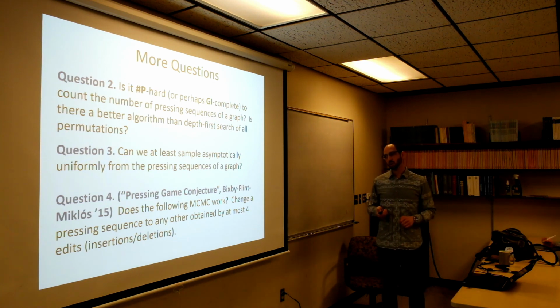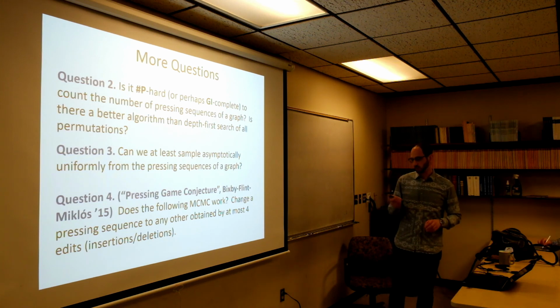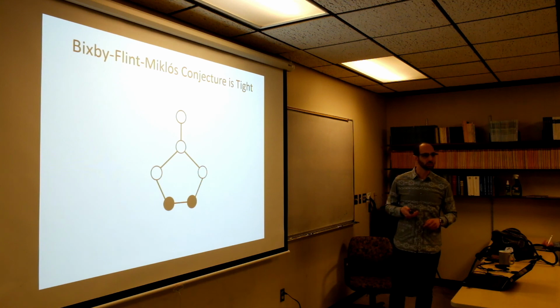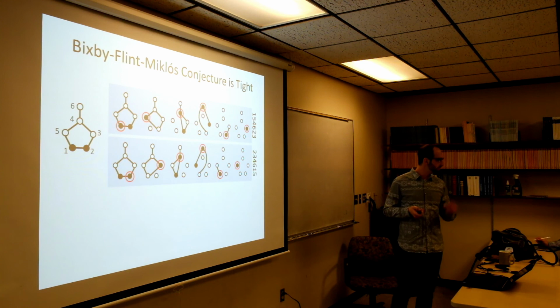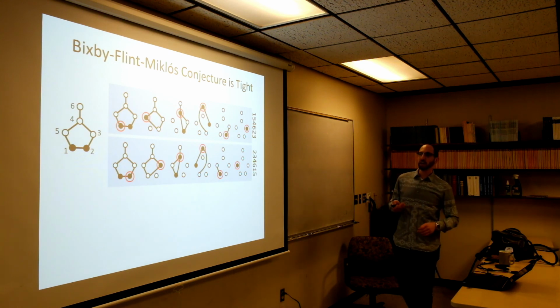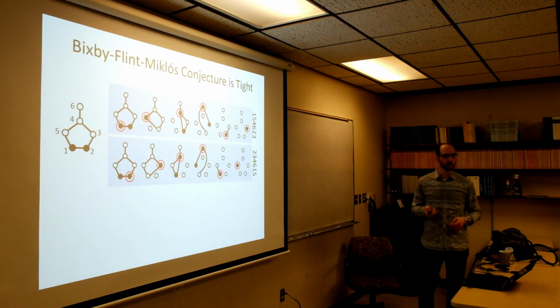But we're not there yet. That's actually, Hayes is working on that now. But just to show you that it's tight, if it is true, here's a graph where the edit distance between its pressing sequences, you do need 4. You need to be able to make 4-point edits. It actually only has 2 pressing sequences.